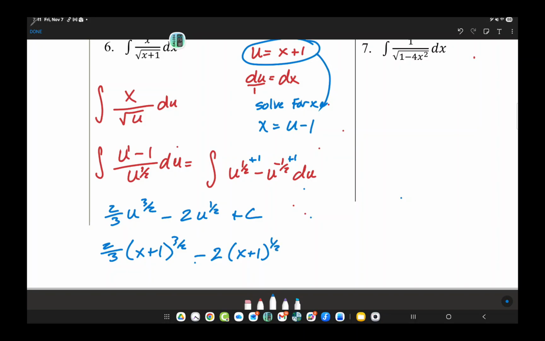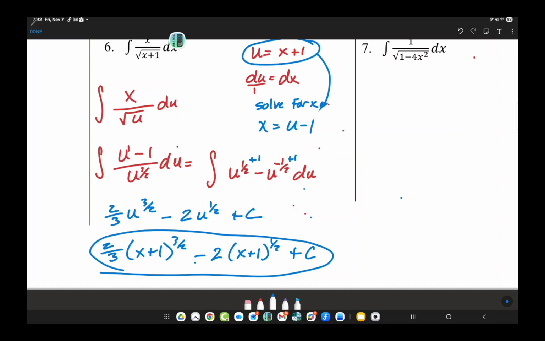If you wanted to write these as roots, like square root of (x plus 1) cubed and minus 2 square root of x plus 1, I don't really care. You could do that. It will not be good or bad if you don't. Okay, all that is correct. Be able to identify it if it's a multiple choice question. Okay, so be able to, but you don't have to. It's a free response from me.